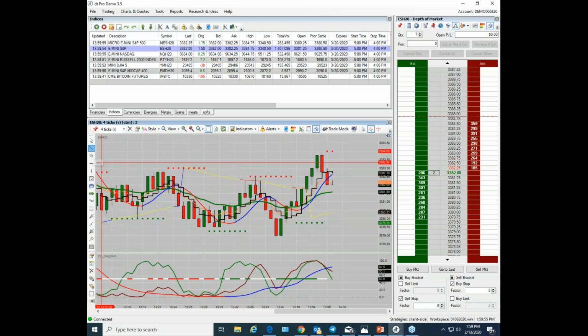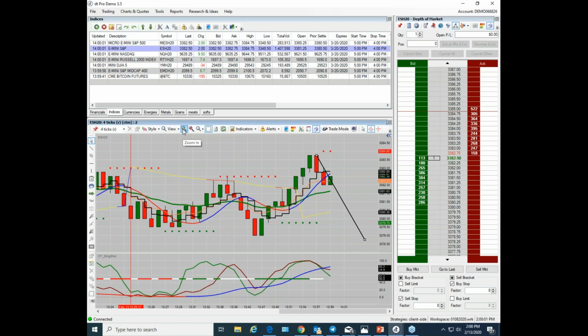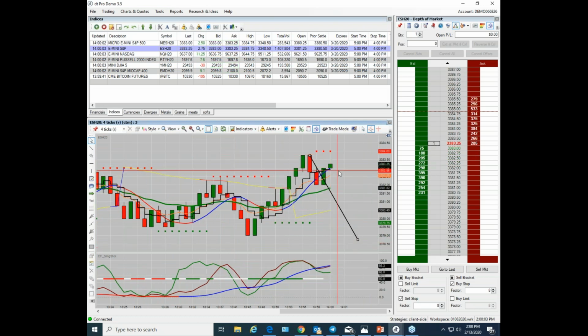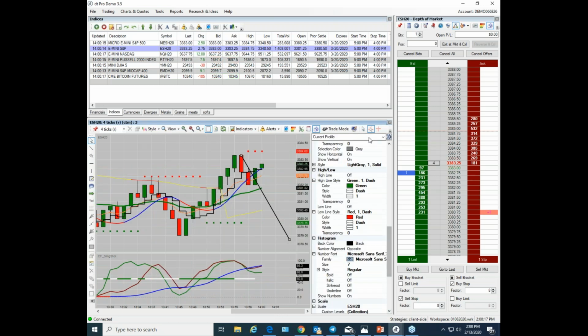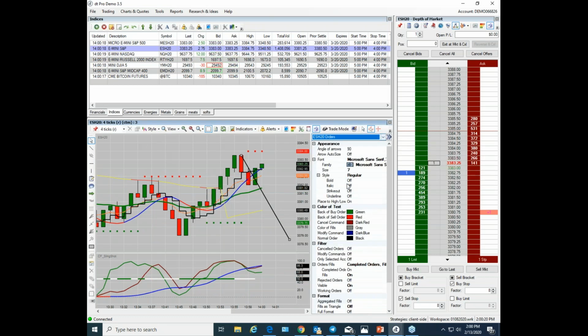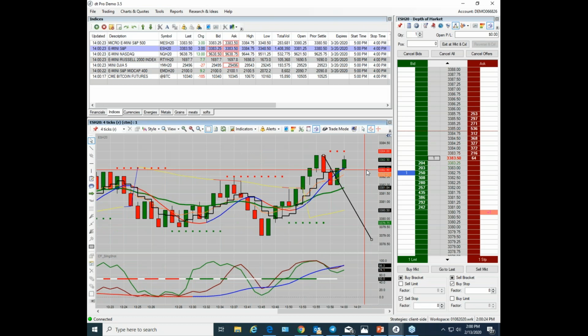So here, let's see if we can pull back. There's the up close, right? I want to show you how this green arrow works. Yeah, I got it on. See if it turns on.